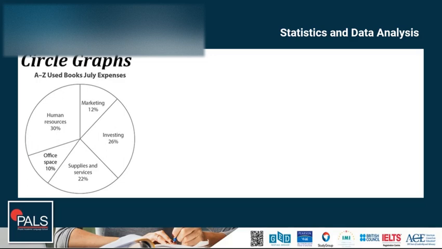Now, looking at the screen, the graph shows the breakdown of expenses for a small business in July. Note that the size of each section of the circle corresponds to the size of the percent.